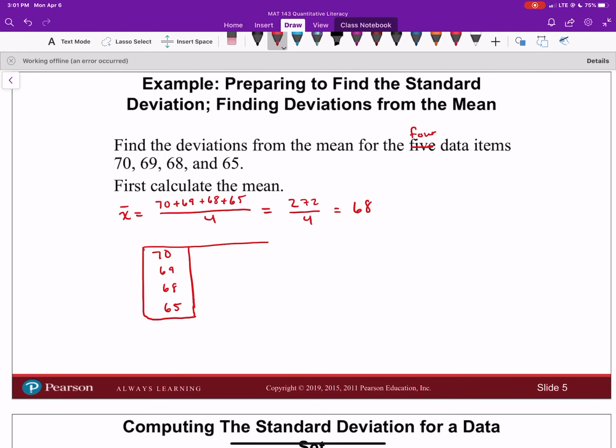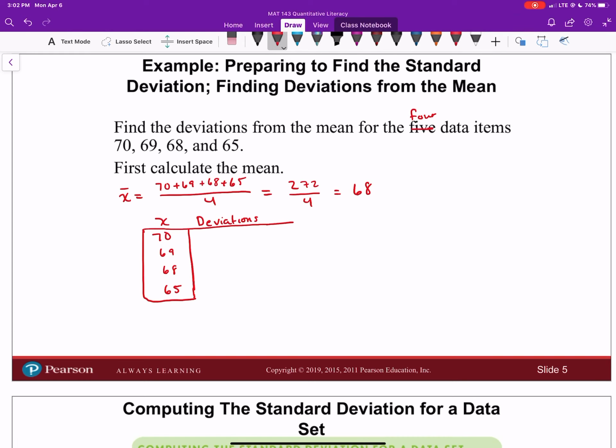These are the data items, so these are your x's, and this is the deviations. It'll be your data item, which is 70, minus your mean, which is 68.